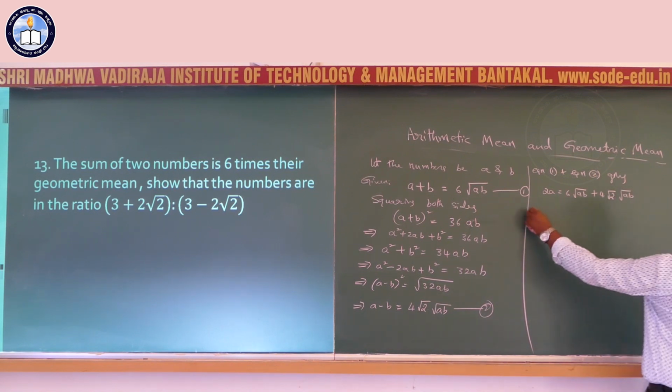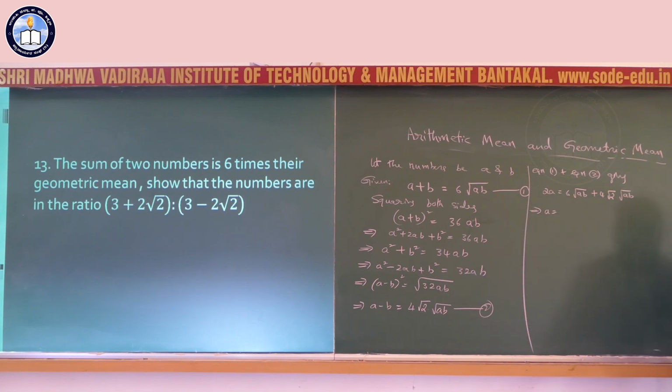It implies A equal to, dividing by 2 both sides, 3 plus 2 root 2 into root AB. Call it as equation 3.